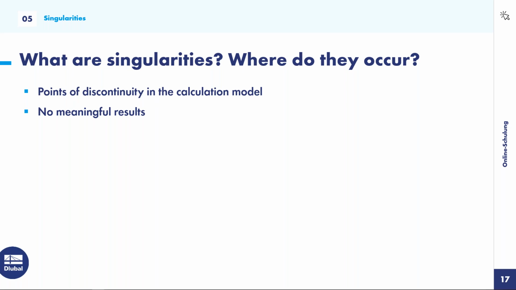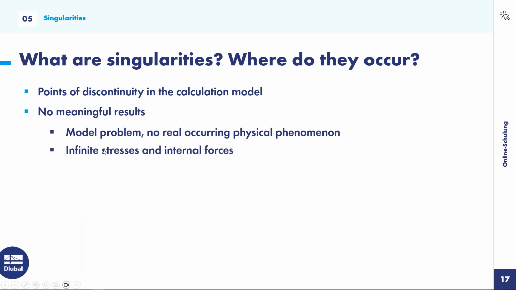A problem that comes with them is, first of all, this is not really happening in reality. This is really just a problem you get with the FEA method. Infinite stresses and internal forces, as I said: with an infinitely small needle, you get infinitely high pressure.